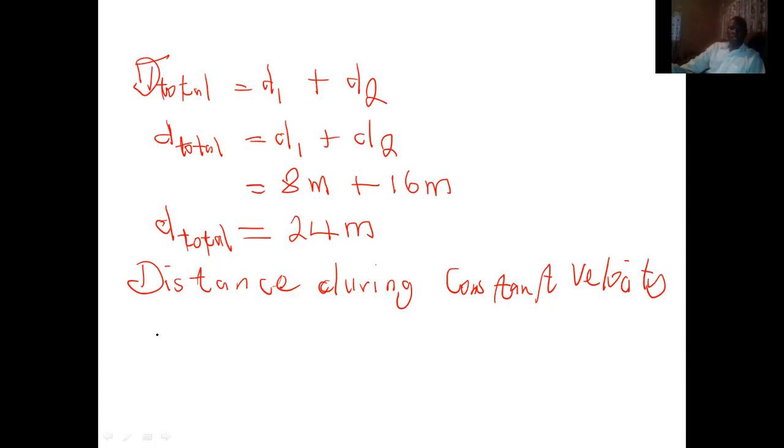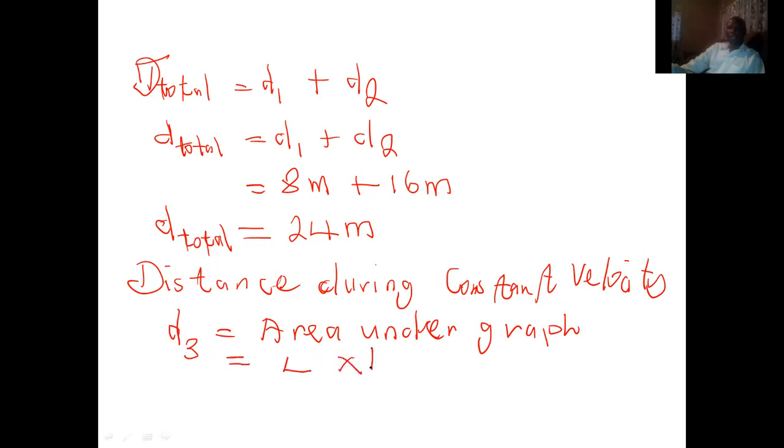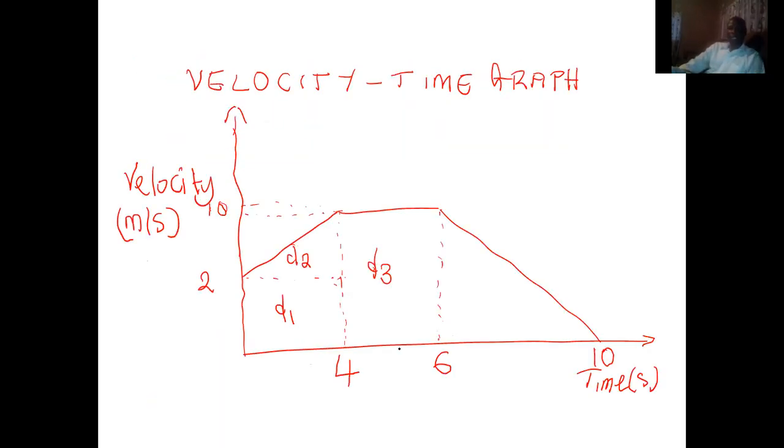It will be equal to, which we have called distance 3, the area under the graph, which is equal to the length multiplied by the height. We note that here, the length is 6 minus 4, which is 2 seconds.